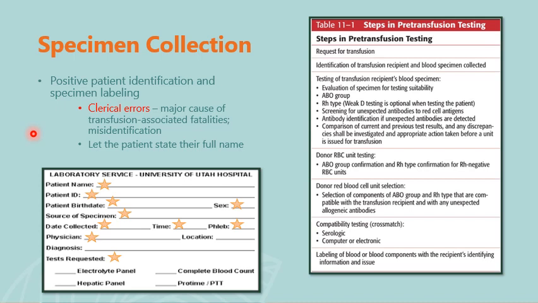If it is not right, they will tell me the right spelling. Usually the spelling is already wrong at the cashier, because some patients do not write clearly. So you should always let the patient state their full name.